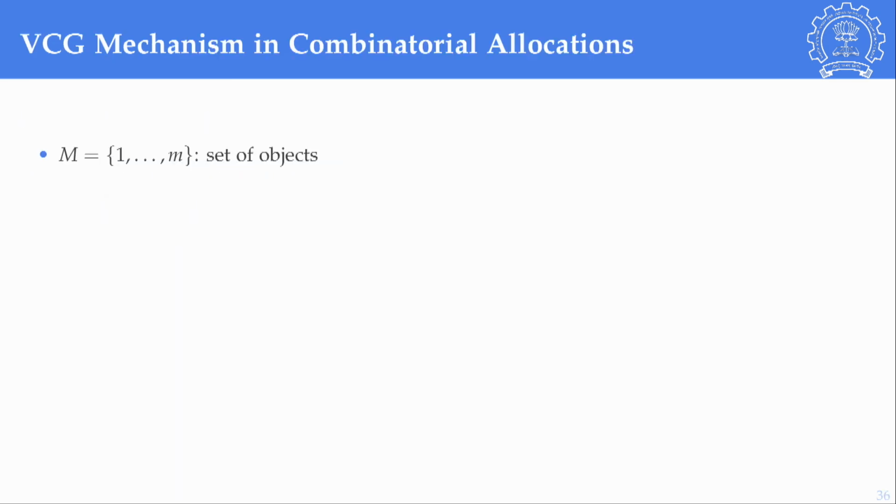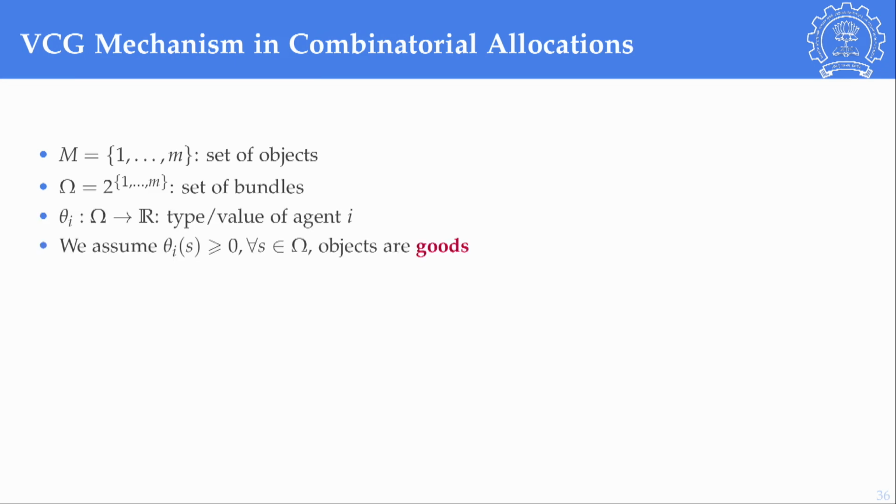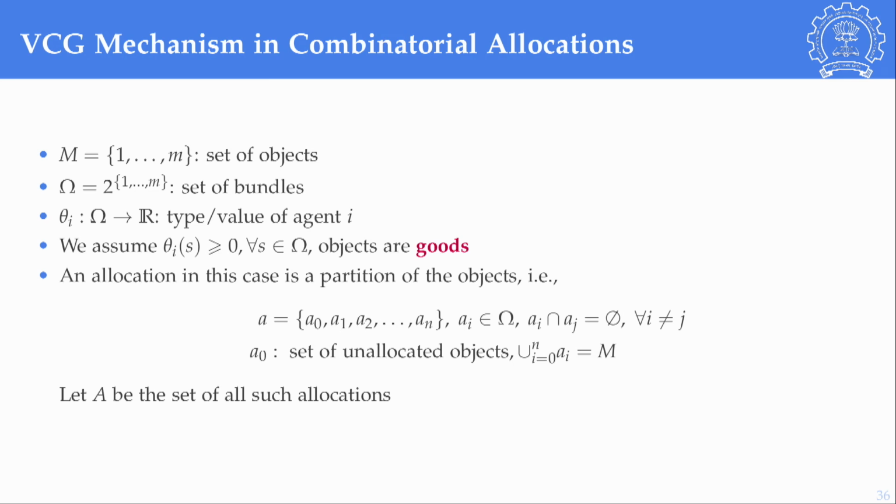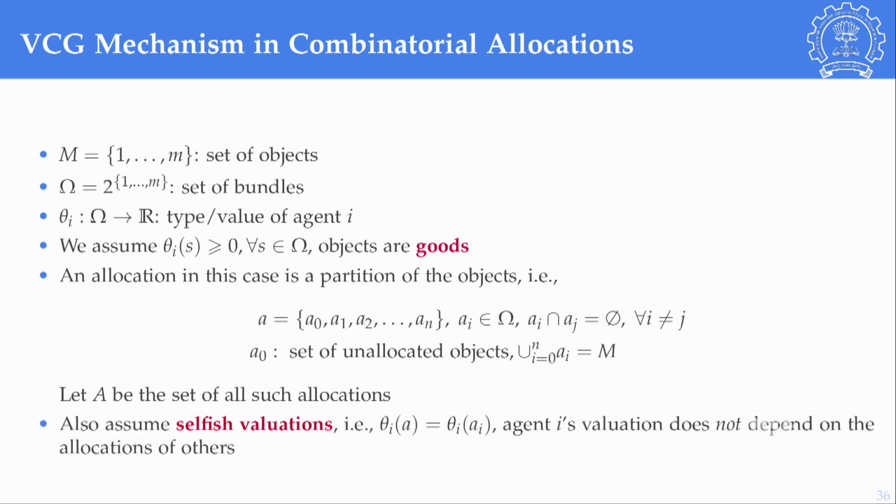Okay, so in the combinatorial setup, I think I'm mostly done with the VCG part. You can actually extend that example when we have m different objects and you have a valuation defined over all the subsets to the real numbers, and you can apply the VCG mechanism. How we will find the efficient allocation, that's a good computational question.